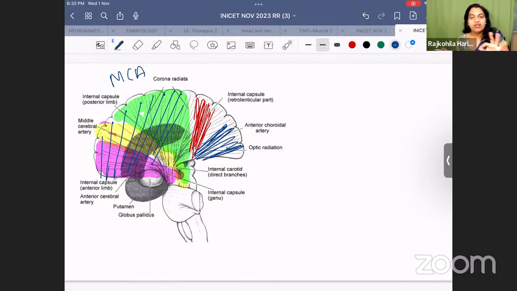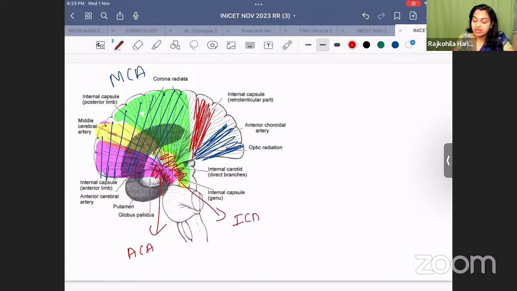So the middle cerebral artery is the major blood supply to the internal capsule. Apart from that, the lower one-third of the anterior limb is supplied by the anterior cerebral artery. The lower one-third of the genu has direct branches from the internal carotid artery, from the posterior communicating artery.